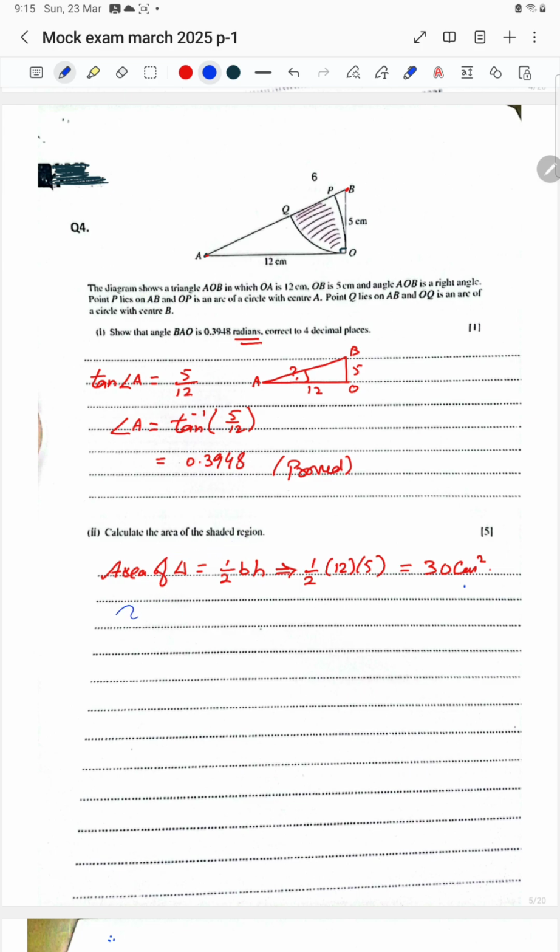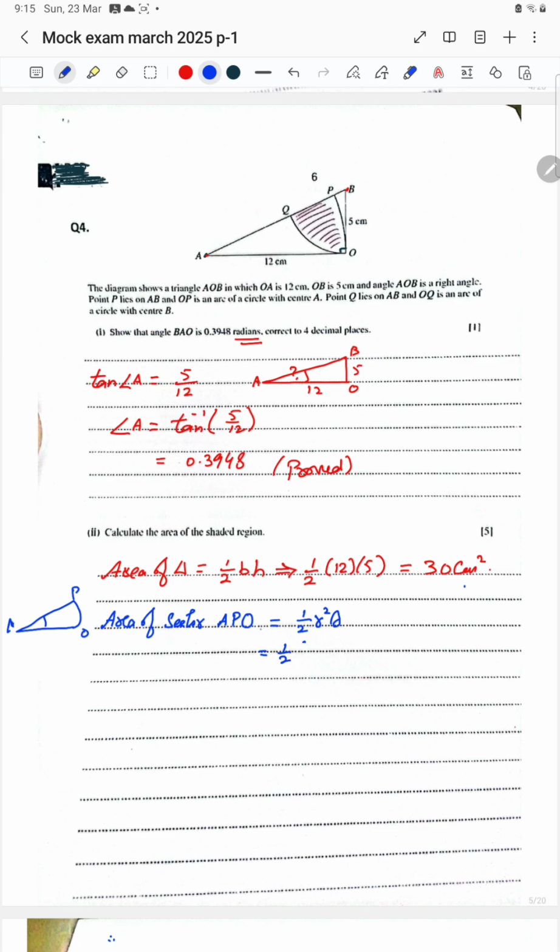We have the area of sector. We have two sectors. First APO, then it will be like angle A. We know this already, so you can use half r square theta.